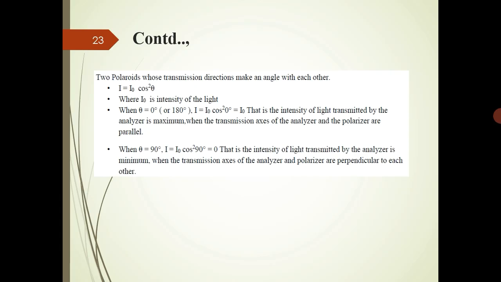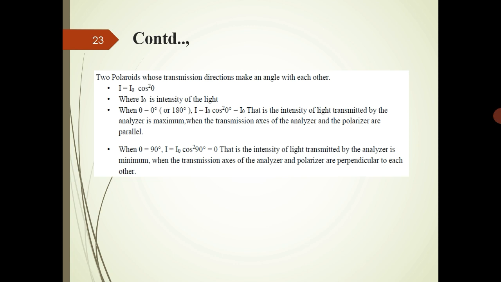In order to remove the proportionality, I have written I naught, where I naught is the intensity of that particular light. Based upon this angle, I determine the intensity of the light I. When theta is equal to 0 or 180 degrees, automatically the intensity I is equal to I naught. So the intensity of the light transmitted by the analyzer is maximum when the transmission axis of the analyzer and the polarizer are parallel to each other.